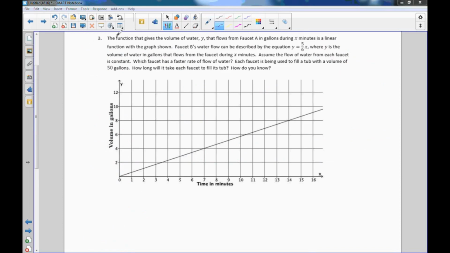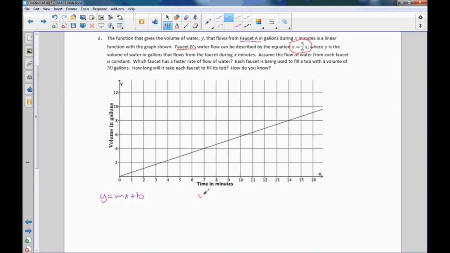Okay, example 3. The function that gives the volume of water Y that flows from a faucet A in gallons during X minutes is a linear function with the graph shown. So if I'm going to do faucet A in purple, I'm going to write Y equals mx plus b. Okay, and then it says faucet B, water flow can be described by this equation here.